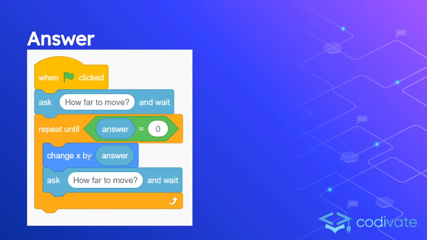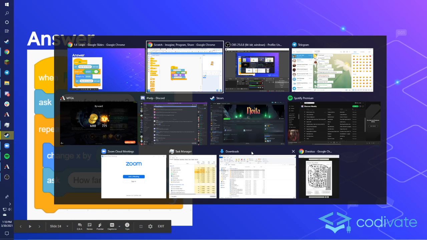So we change x by answer. This might be a little new to you, but you can put bubbles in anything that has a bubble. So when you change x by answer, if you type in 2, it's going to move the cat 2 when you run this block. If you type in 0, it's going to realize that this boolean right here returns true, and it's going to not repeat at all. It's just going to skip it.